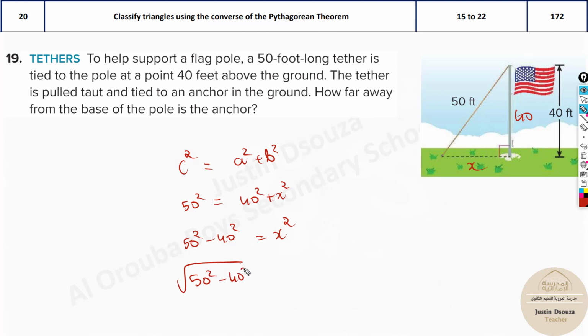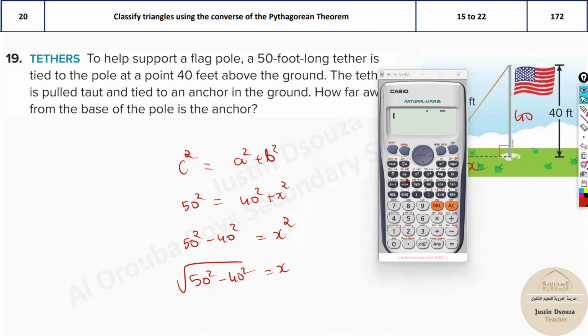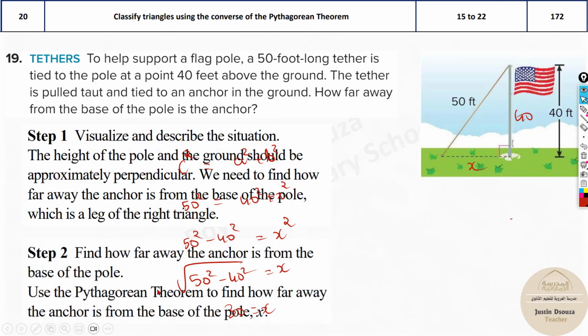Now you can just put it in the calculator and find the x value. The square root of 50 square minus 40 square. The answer is 30, and that's the x value over here. x is 30. That's how we do it.